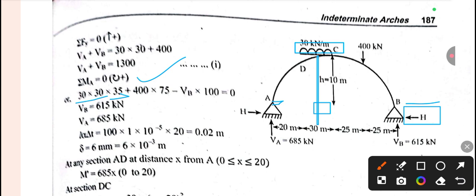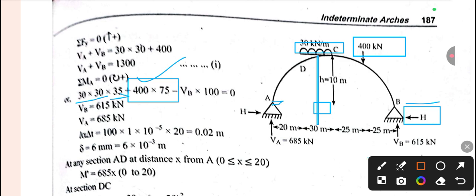And now you can see this one is 400. This 400 kilonewton acts at a distance of 20 plus 30 plus 25. If you add all these values, 20, 30 and 25, the value is 75. This is also clockwise, so it means 400 into 75.